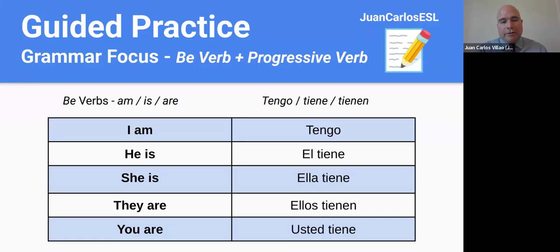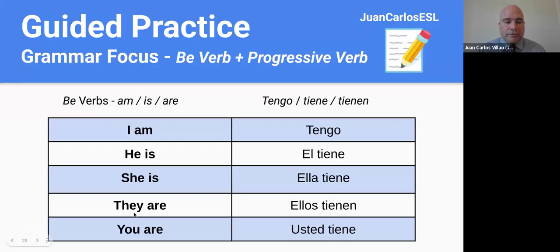So this is just an outline of how we're using be verbs am, is, and are. Just to recall, am you use when the subject is first person I. Is you use when the subject is third person singular, he and she. He is, she is.